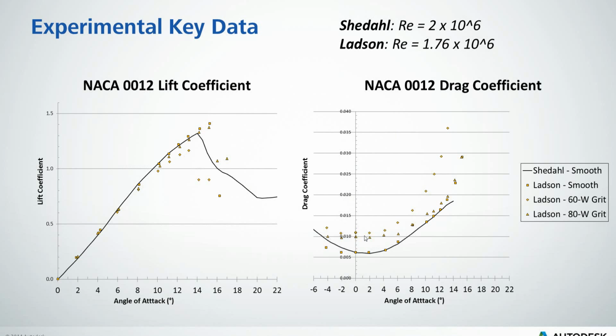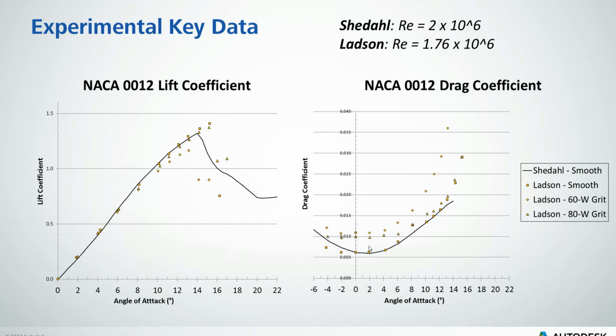I found it interesting that the smooth results seem to converge together at higher angles of attack to the lower grit compared to the higher grit. Also notice that the Sandia smooth data almost seems to peak or minimize right at 2 degrees, while the Ladson really plateaus from -2 to 2.